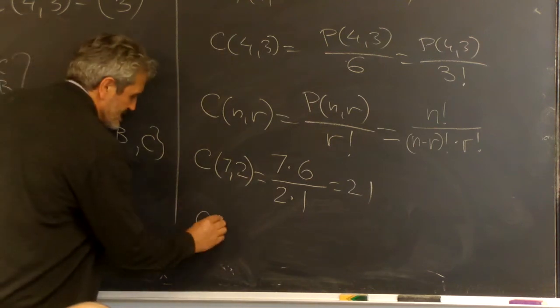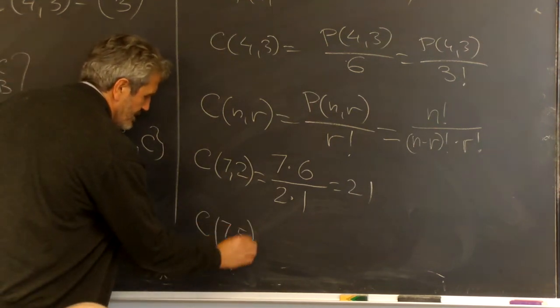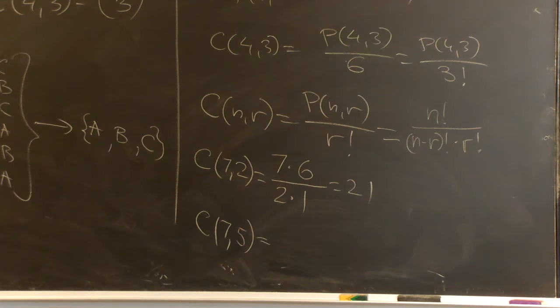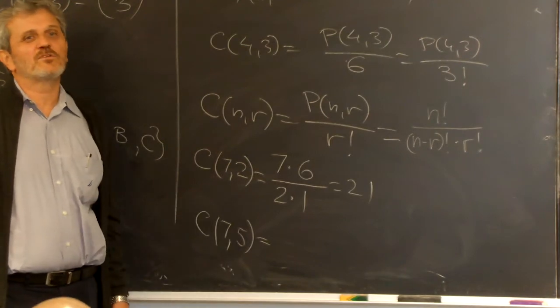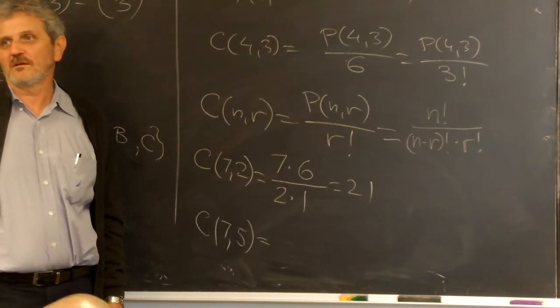But how much is C(7,5)? Actually, before I do that, I want you immediately to notice one very nice property of combinations: if these two numbers are complementary to 7, then the number of combinations is the same.